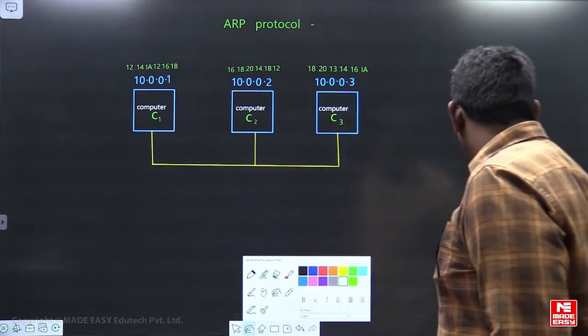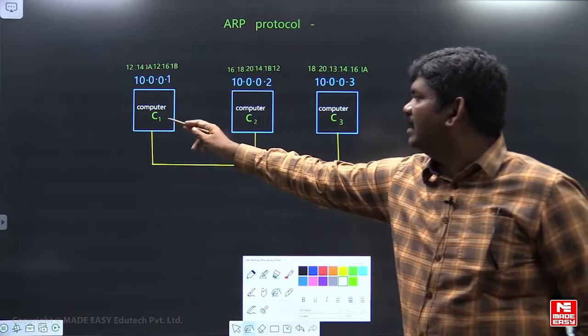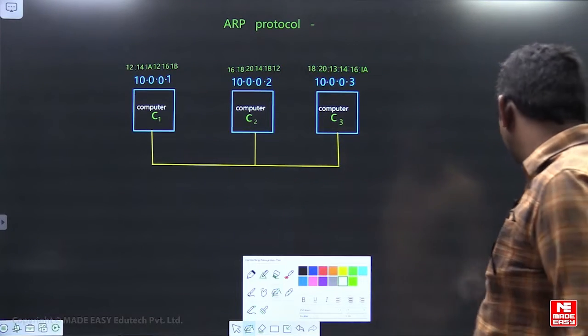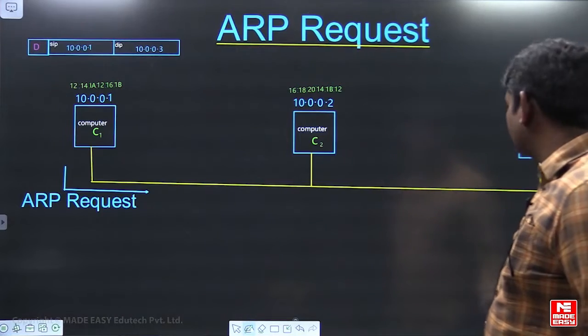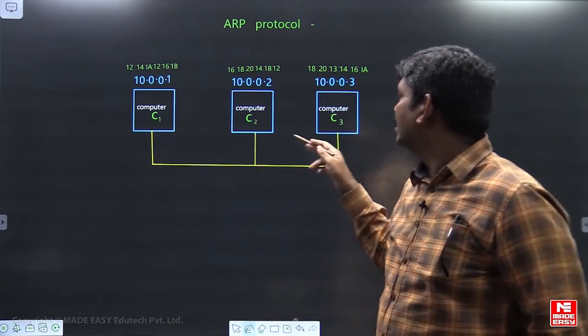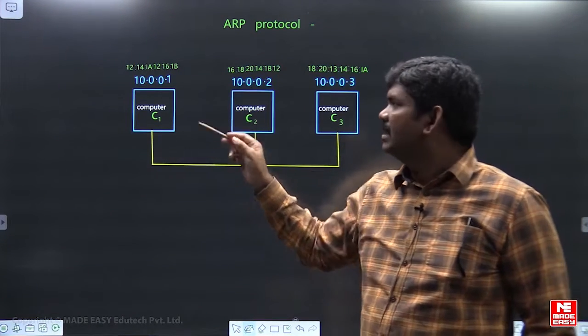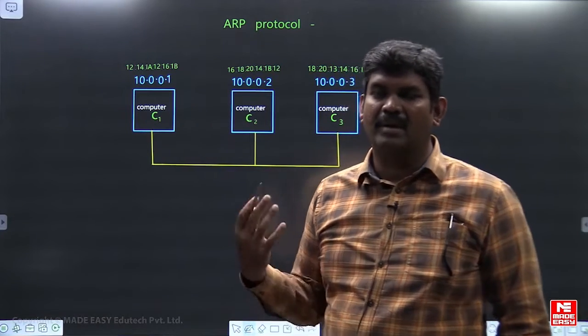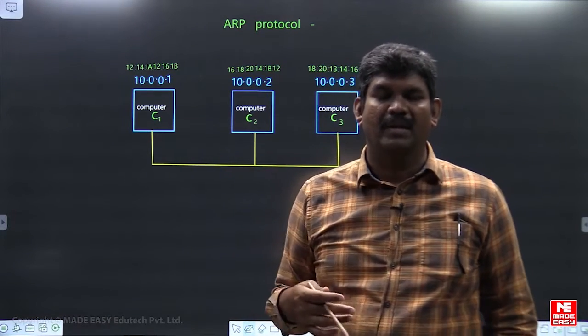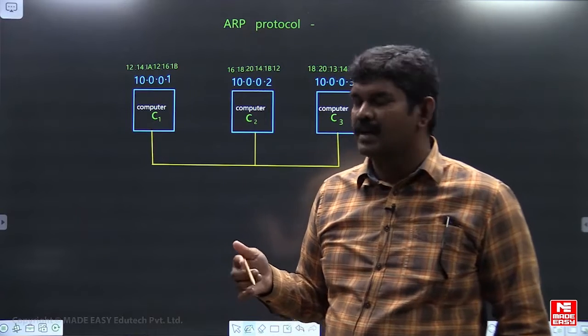Now based on that logic, if C1 wants to transmit the data to C3, what is the target actually? You should know the source IP address and also the destination IP address whenever you transmit the data.